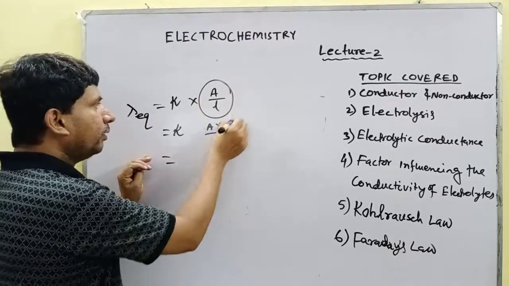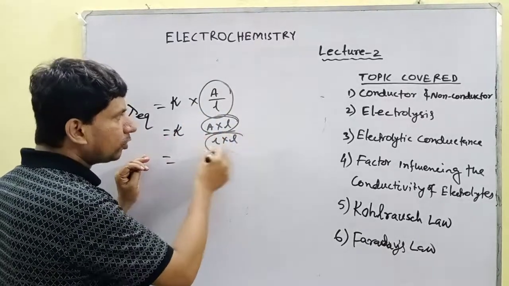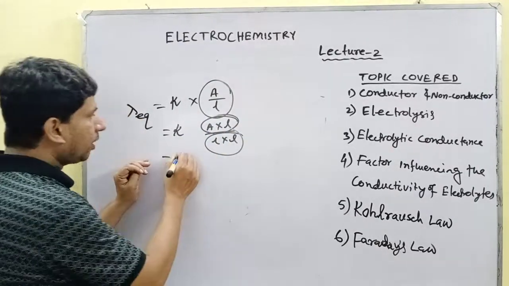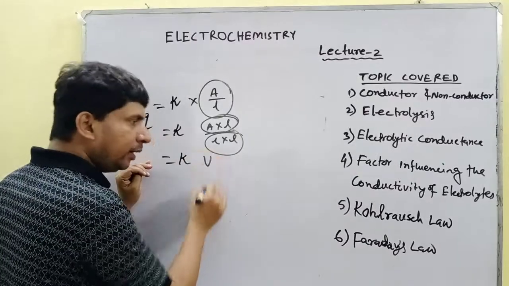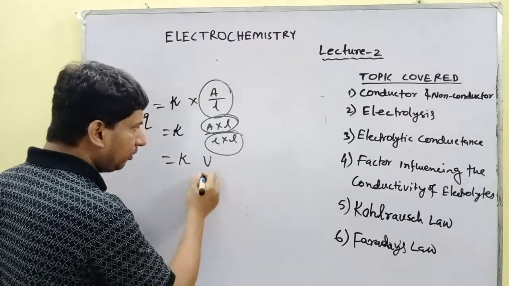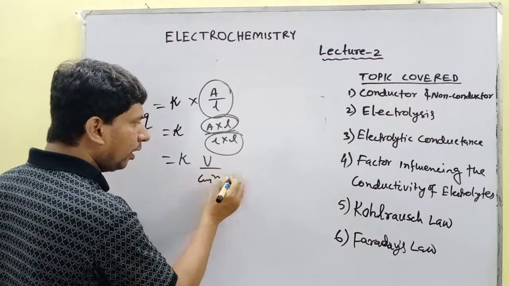That is actually volume. This is actually the area of cross section, so that is kappa into V per centimeter square.